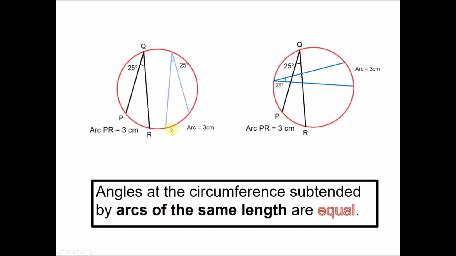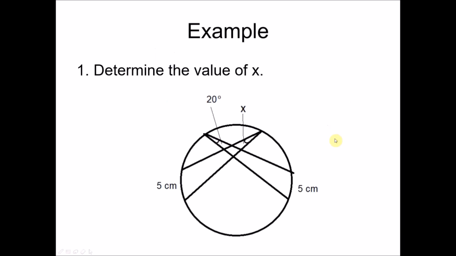So when this arc here and this arc here have the same length, 3 centimeters, the angles subtended are the same. When these two arcs have the same length, the angles subtended by them will have the same value. They are equal.